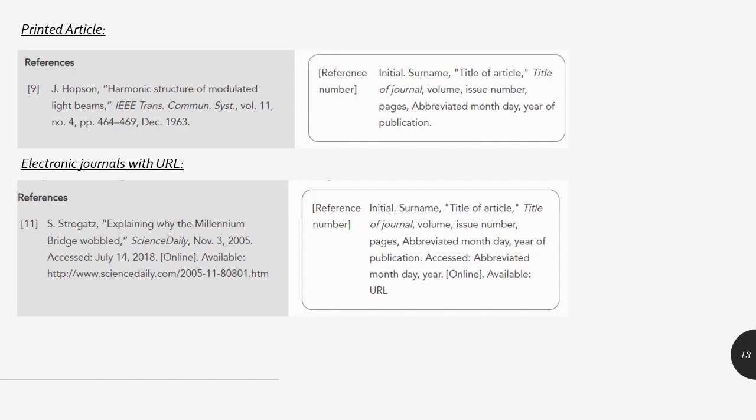When you have already completed the first part of the referencing, you have the access date on which the information was accessed, followed by whether the information was online, whether it was a podcast or a video. In this example, it is online, and available at, followed by the URL. So this is the example of printed article and referencing electronic journals with URL.